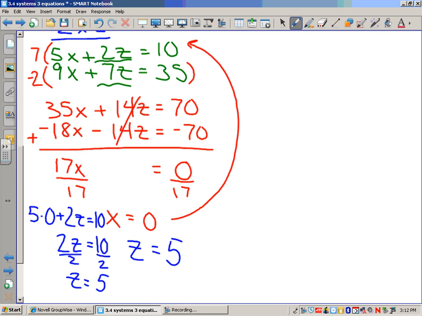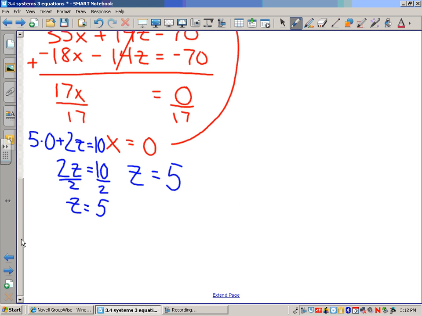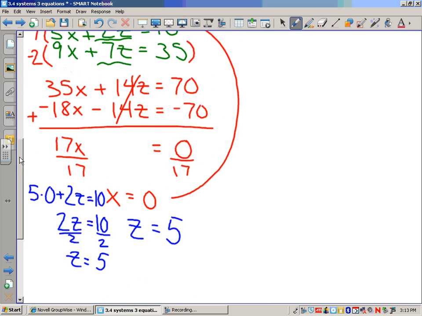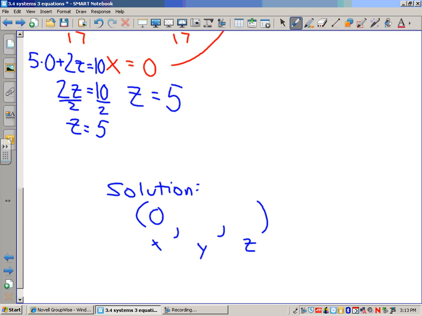Okay, so last thing you see is find the third variable. If you go down to the bottom where it says solution, you're trying to find x, y, z. We found our x was 0. We found our z was 5.